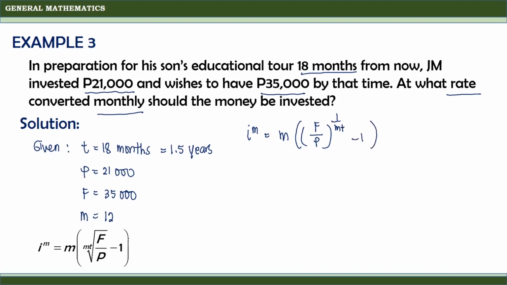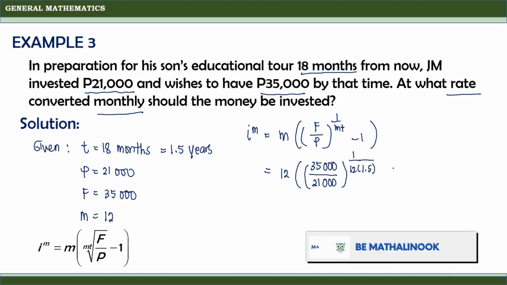So what we need to do next is to substitute these values in this formula. So we're gonna have 12 times (35,000 divided by 21,000) raised to 1 over 12 times 1.5, then minus 1.